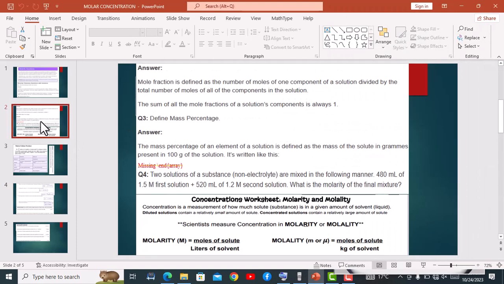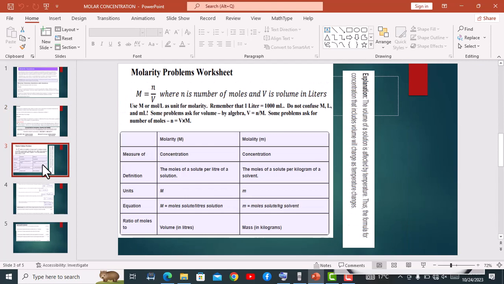If I take you back, I think it was on this slide, we said volume equals number of moles divided by molarity. So you take the number of moles and you divide by molarity.